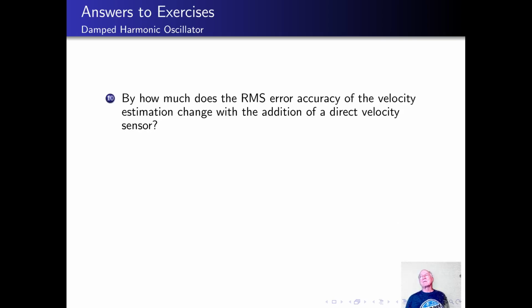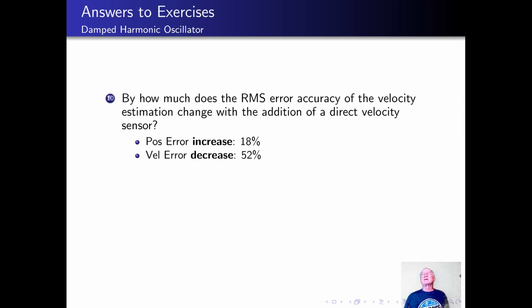So how much does the RMS accuracy change for both position and velocity? Well, the surprising thing is that the position error actually increased by 18%. That was unexpected. So I'm guessing there's something I did wrong and did not use the same initial conditions. I'll have to look at it more carefully. Or perhaps I just didn't run enough samples, and so the transient errors are outweighing the steady state errors.